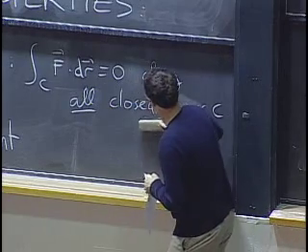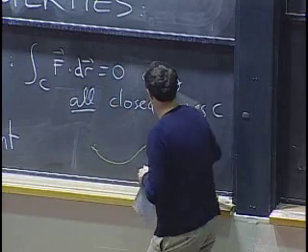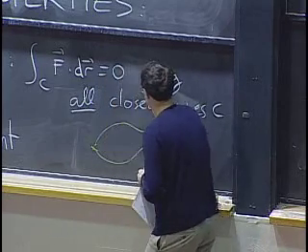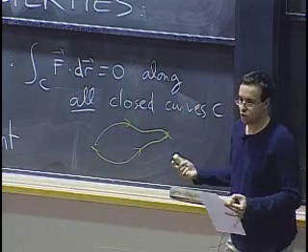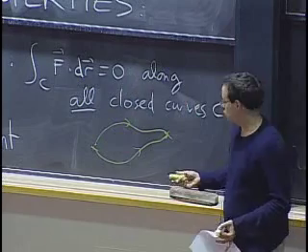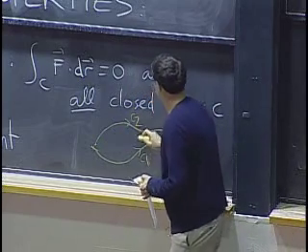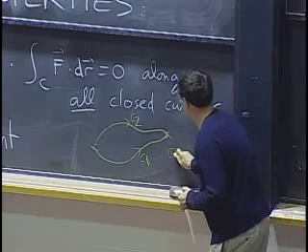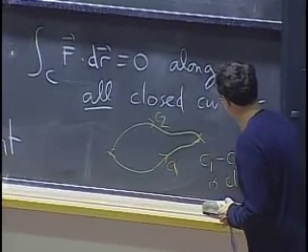Conversely, let's say that I'm just conservative, and I want to check path independence. Well, I have 2 points, and I have 2 paths between them, C1 and C2. I want to show that the work is the same. Well, how do I do that? I observe that if I do C1 minus C2, I get a closed path.